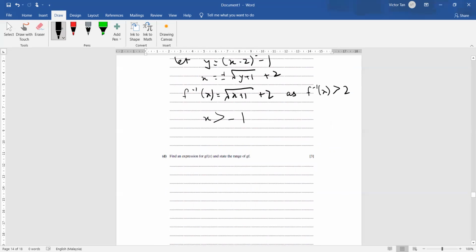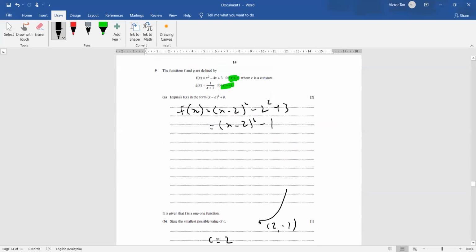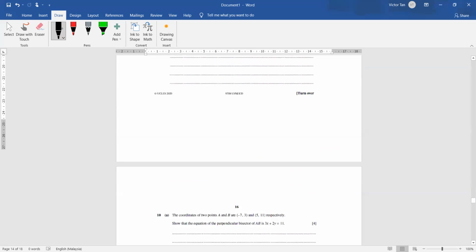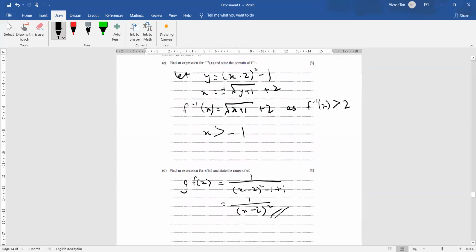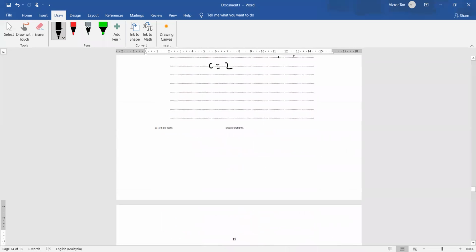Expression of g. What is g? 1 over x plus 1. Range of gf. c is equal to 5.